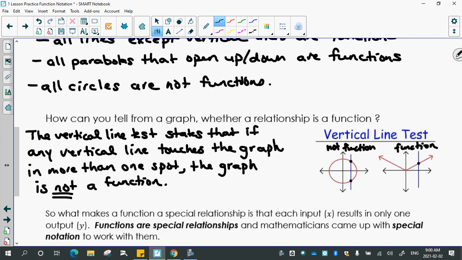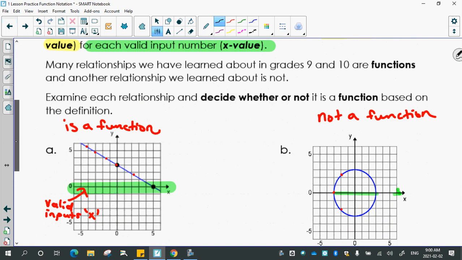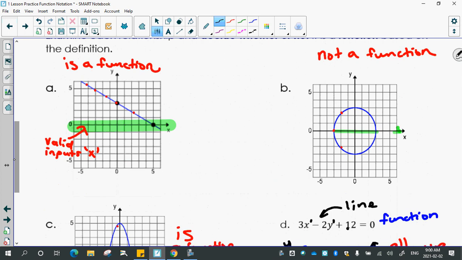So if we go back to the ones that we did originally, I could take this ruler, I guess, that's my vertical line, and then pass it along. And no matter where I put it, it's only going to touch the graph in one spot. Okay? Here, I can see right away.